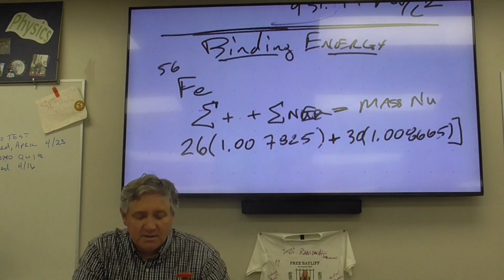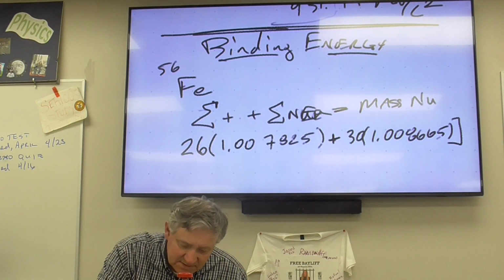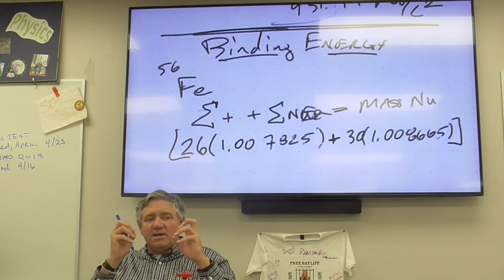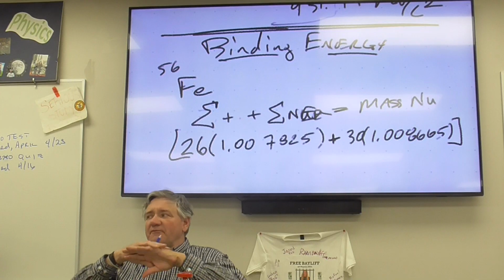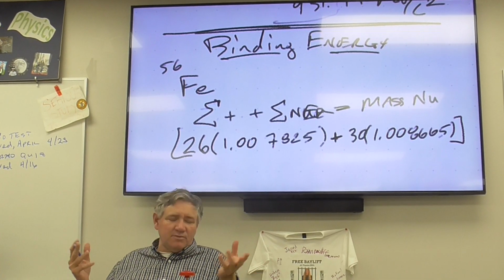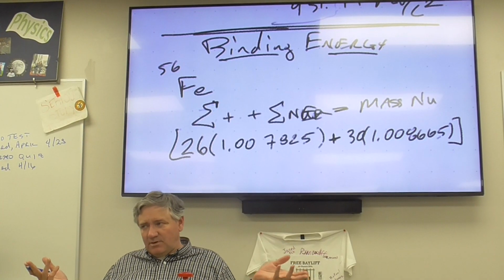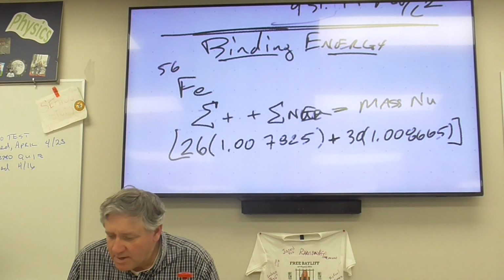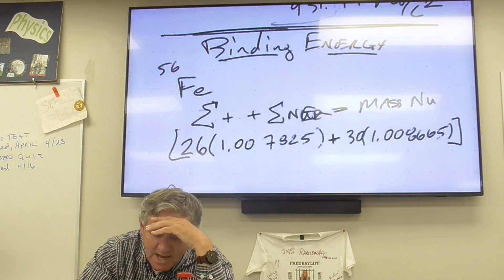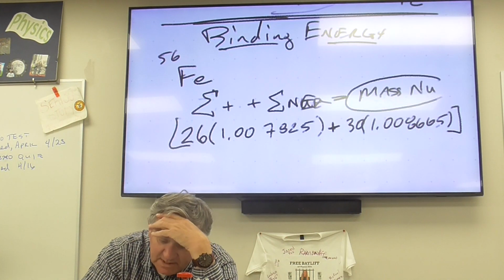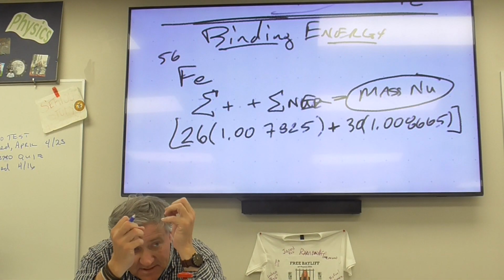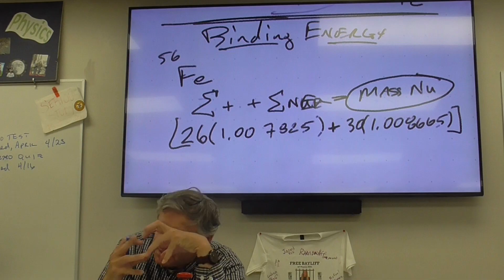Okay? So what this number is going to give you is the total mass in atomic mass units of all of what we call the nucleons, which is a fancy word for all the particles inside the nucleus. That's what they're called, nucleons. So you're going to get a big number. Now, from that, we need to subtract out the mass of the nucleus itself after you've assembled it.